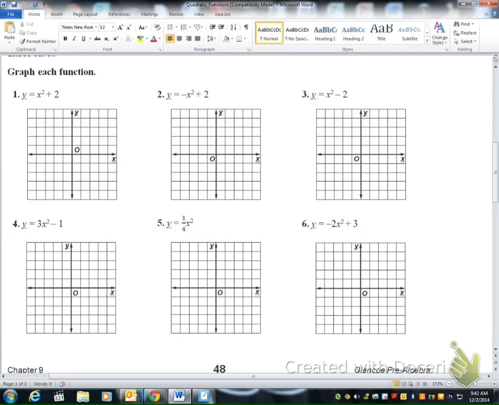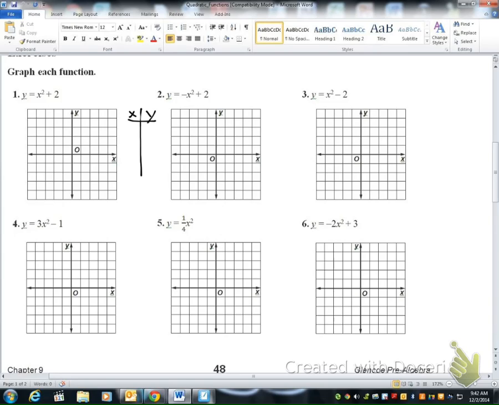So we're going to make a t-table for each of these. And again, notice all of ours have no x term. No x term, no x term, no x term. They have an x squared term and a constant term.